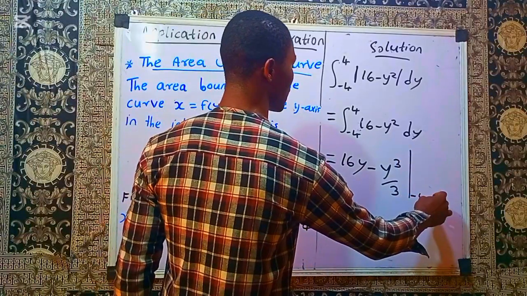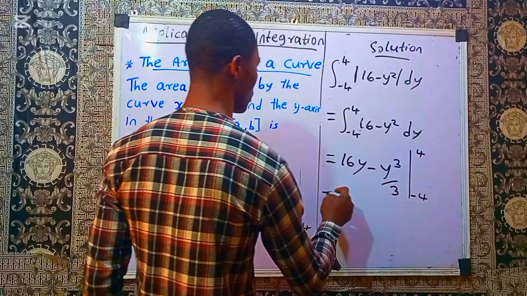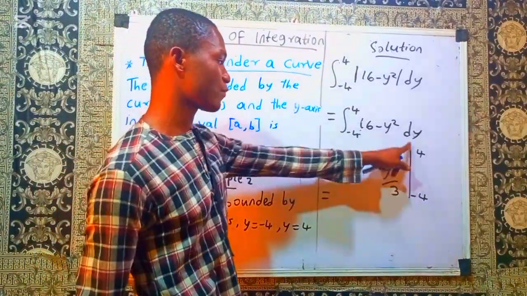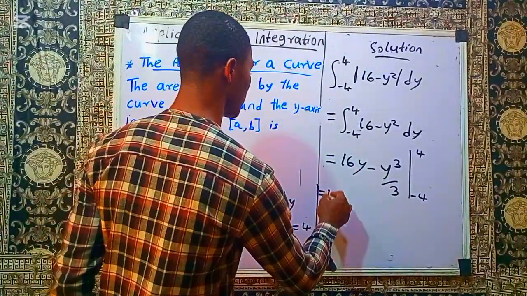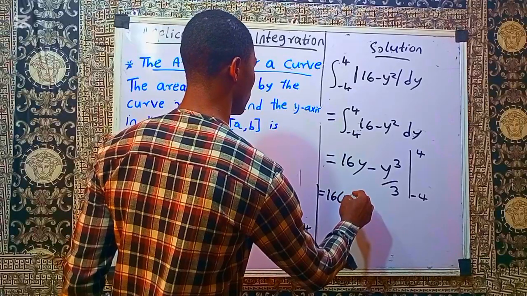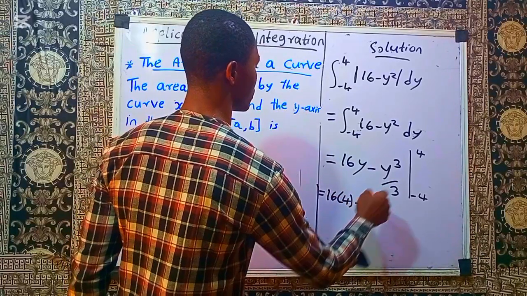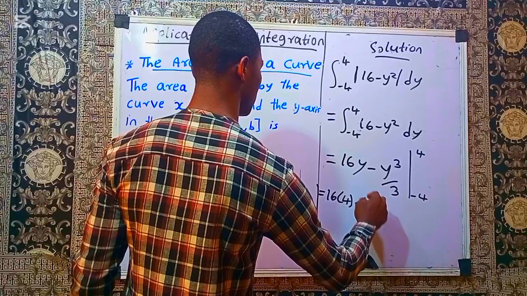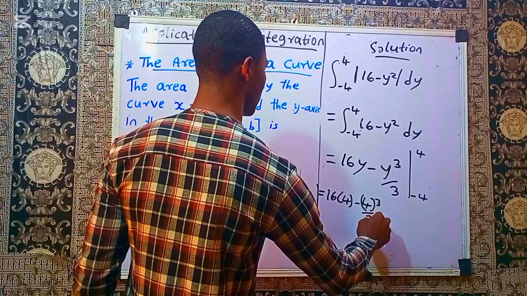Then we're evaluating this integral from minus 4 to 4. So you put the upper value of y, that's 4. If you put 4 here, you have 16 multiplied by 4, then minus, put 4 here, 4 raised to power 3 divided by 3.